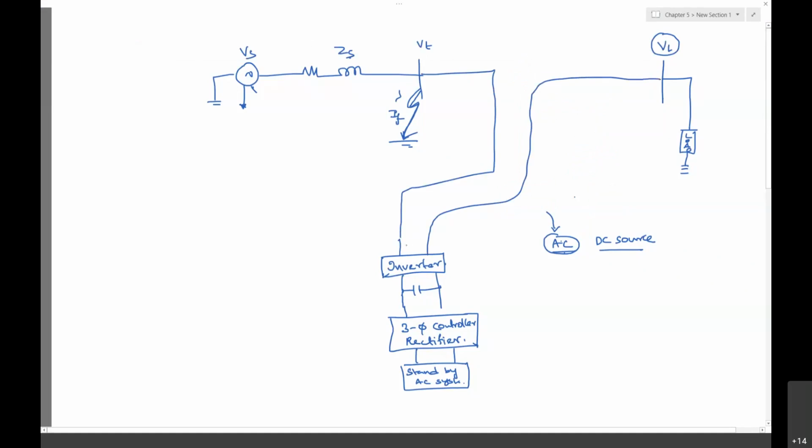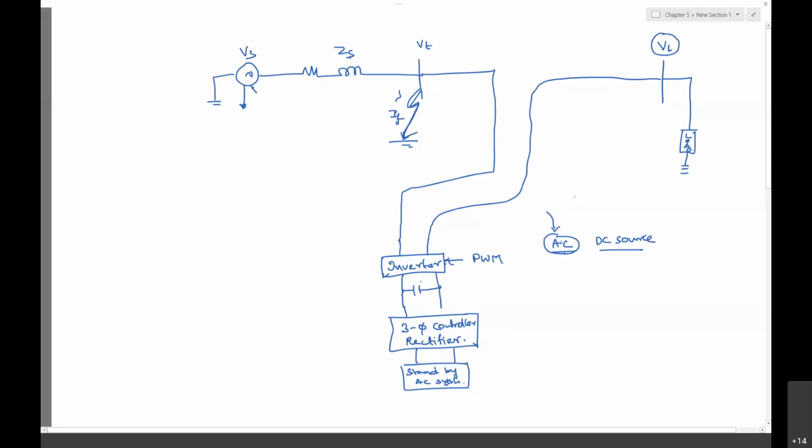Whatever inverter output we get over here, generally the inverter is operated in the PWM scheme, the pulse width modulation technique, because this is just a voltage correction.